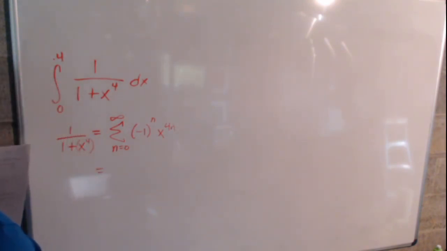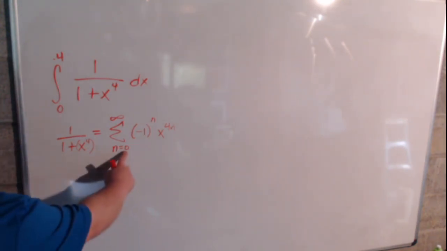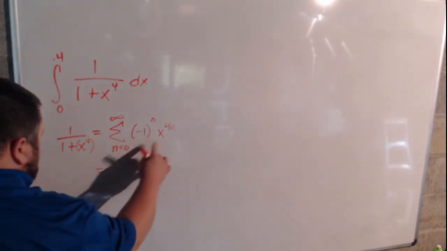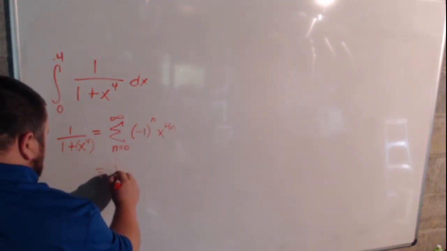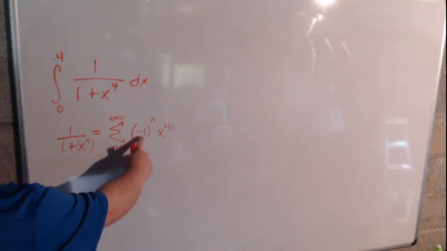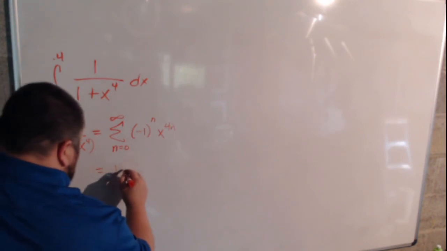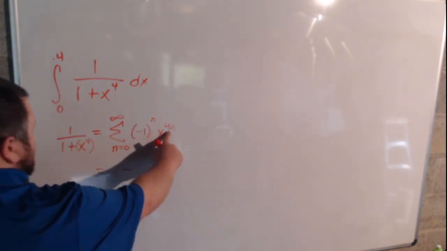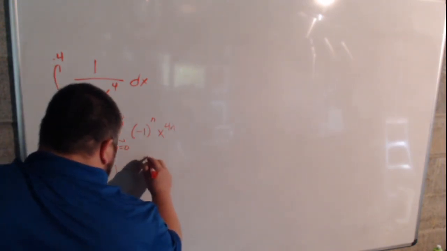And here it asks us to use the first 6. So when n is 0, we get a positive term, and x to the 0 is 1. When n is 1, -1 to the 1 power is negative. Then we get x to the 4 times 1, or x to the 4th.